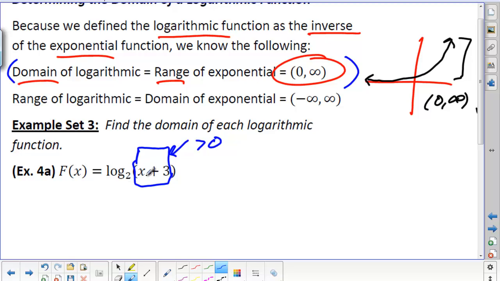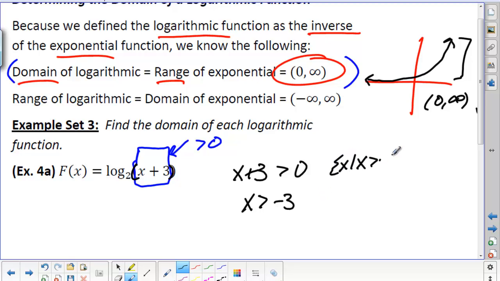So to find the domain, all you need to do is take whatever is inside this logarithm function, this x plus 3, and say that it needs to be greater than 0. It needs to be positive. So if we solve that, we get that x is greater than negative 3. And so that's the domain of our logarithmic function. We can write that a few ways. We could say x such that x is greater than negative 3.